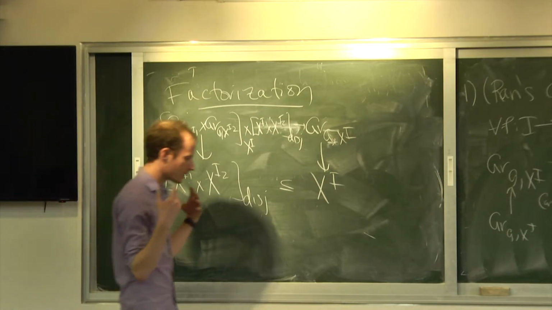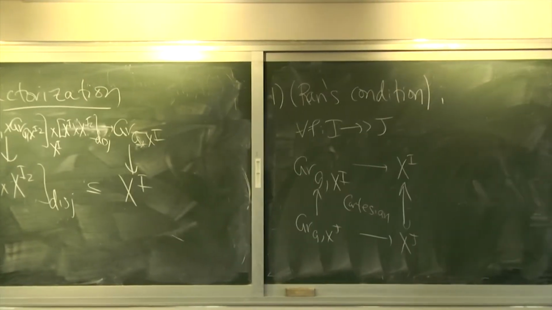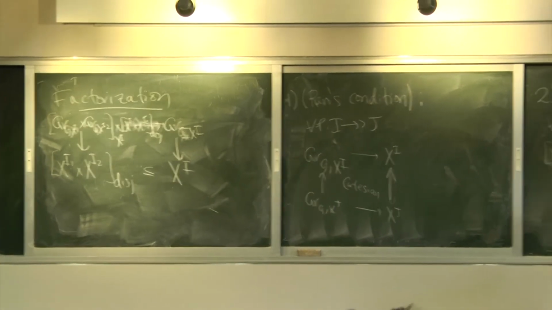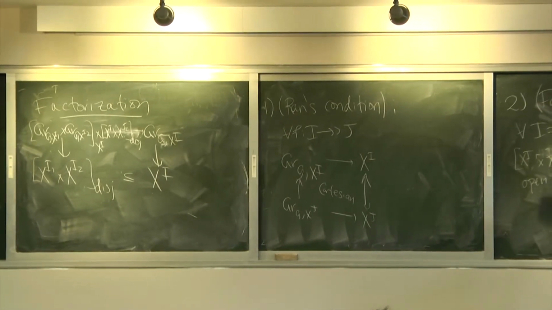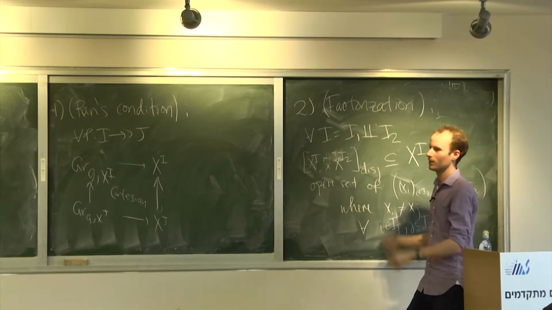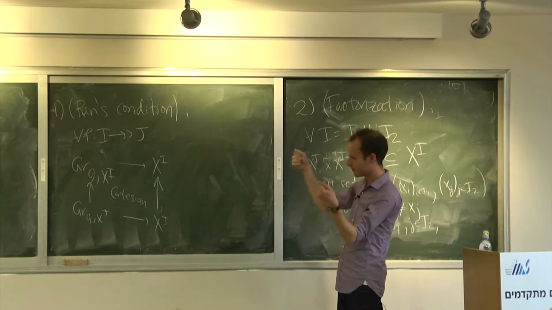OK, so I want to spell out for a second that this is a slightly weird picture. It's not unreasonable to think that this affine Grassmannian is smooth in some sense over x^I. And what you have is a kind of smooth family where the product of some variety with itself is degenerating to the variety itself. For example, that's not possible in usual algebraic geometry because the dimension jumps.